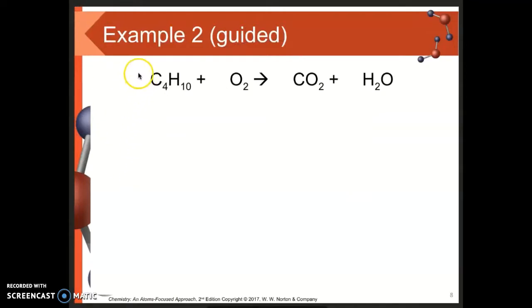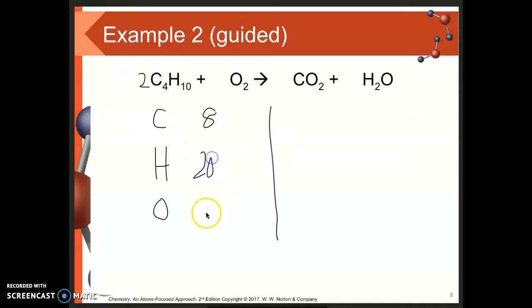And so what that means is if I start with 2 of the butanes, 2 C4H10s, and take it from here the rest of the way, carbon, hydrogen, oxygen, I now have 2 times 4 for 8 carbon, 2 times 10 for 20 hydrogen, and still 2 oxygen at the start.